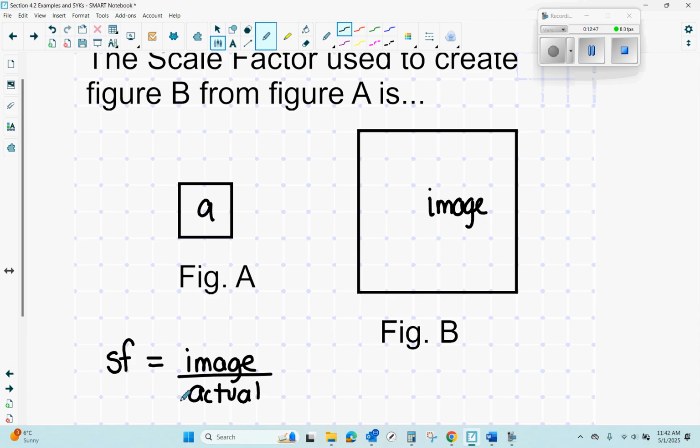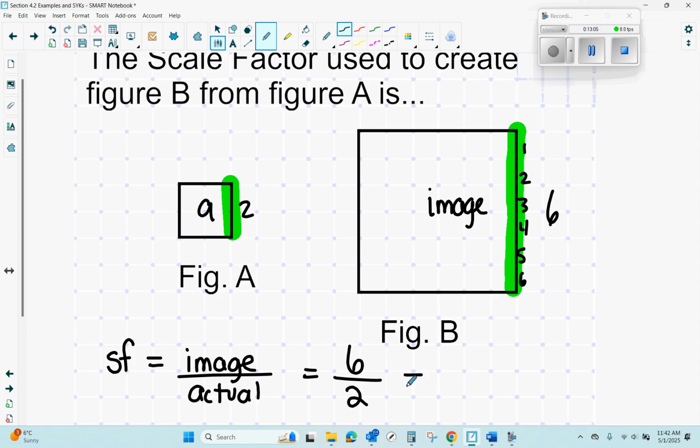This is always your actual. You have to pick a side, count the boxes on the graph paper. Maybe we'll pick this side. Okay, how many boxes do we have? Okay, 6. And on this side we have 2. 6 divided by 2 is 3. Scale factor used here was 3. Okay, we would say that this square is 3 times as big as this square.